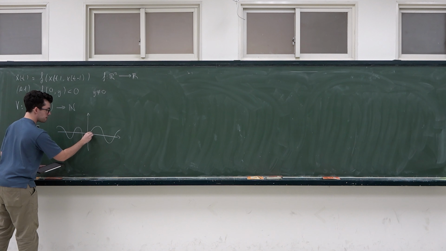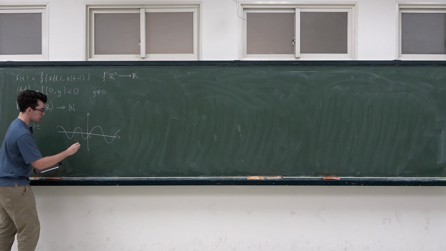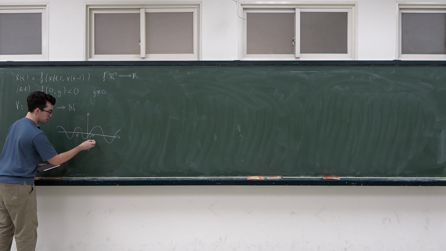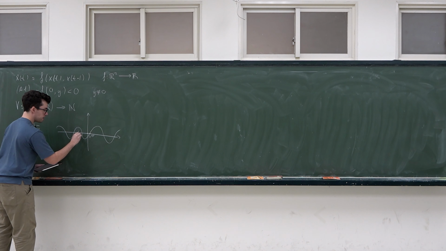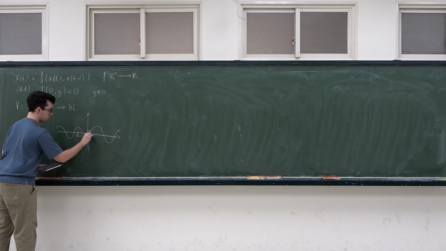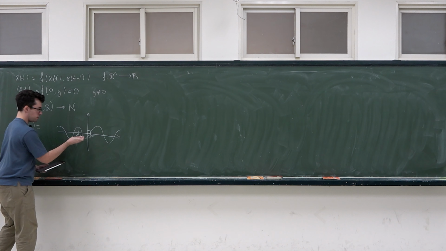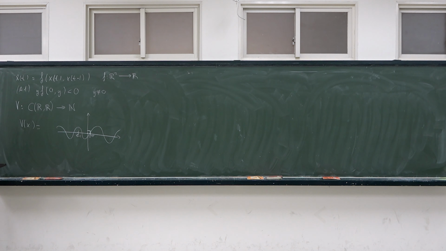Find the smallest 0 after going forward in time, and then call it sigma, then take sigma minus 1, and count the number of sign changes of the function on this interval, and this was the value v. So this is sort of the definition of the function, but I'm not giving it precisely.